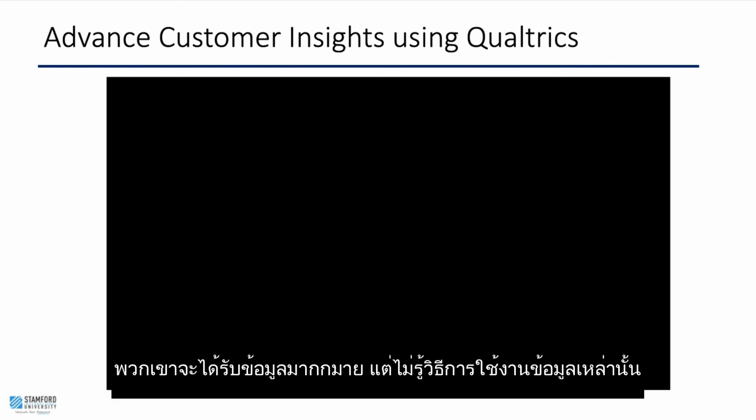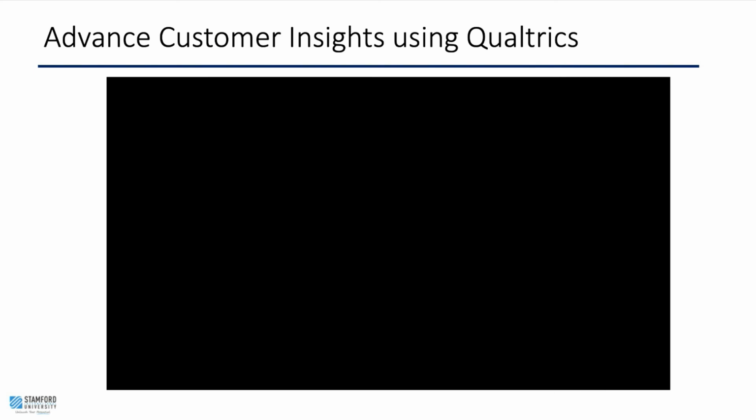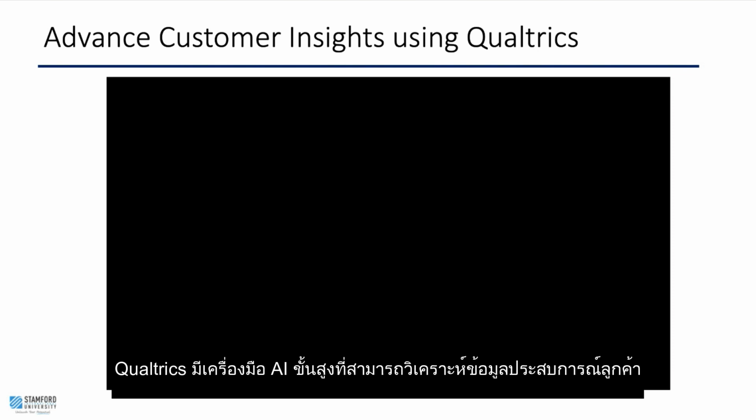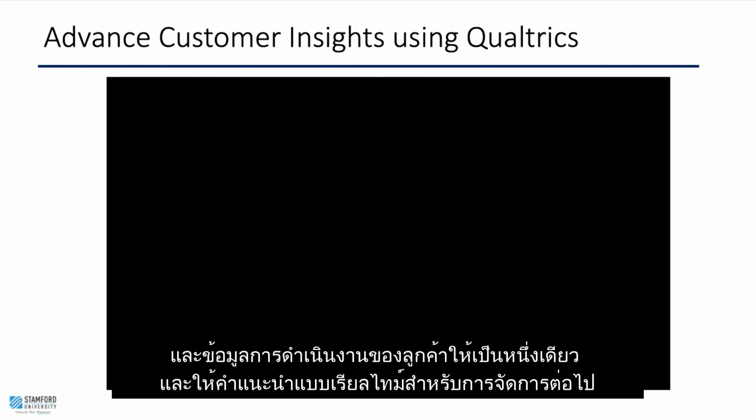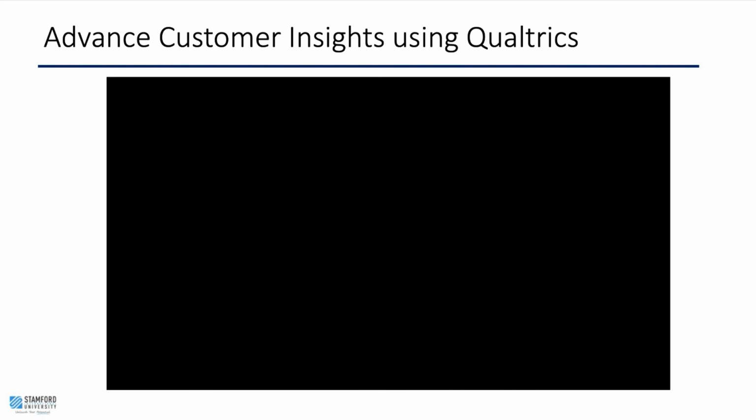So many times a brand runs a customer satisfaction program, they're overwhelmed with data and they don't know what to make sense of it. So Qualtrics has advanced AI tools that allow you to analyze both the customer experience data and the customer operations data into one and give real-time recommendations for management to take action. And that's the key. In all these platforms, you want to be able to take action as soon as possible. Let's take a look.